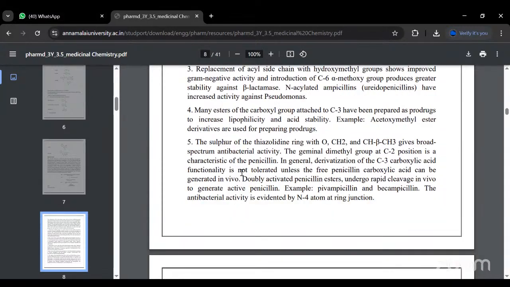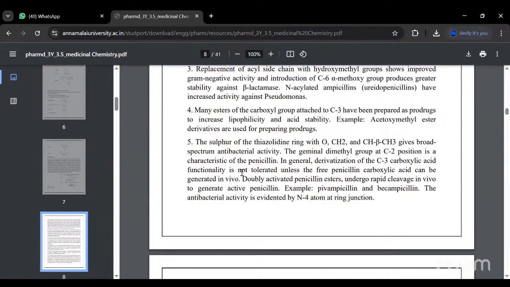The sulfur-containing thiazolidine ring gives broad-spectrum antibacterial activity. The geminal dimethyl group at the C2 position is a characteristic of the penicillin.